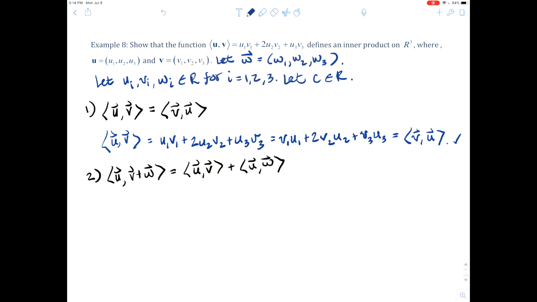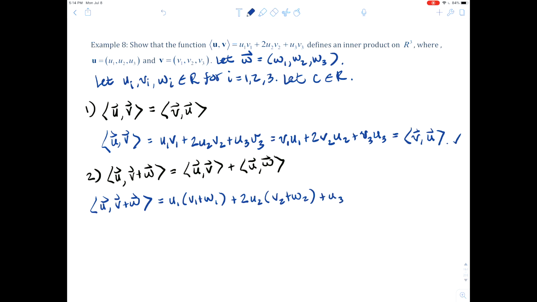So let's check it out. Start with that left side, the inner product of u and v plus w. Be careful with your grouping symbols, okay? Is going to be what? Well, we'll have u1 and then what? Beautiful, times the sum v1 plus w1, and then plus 2u2 times the sum of v2 plus w2, and then what?